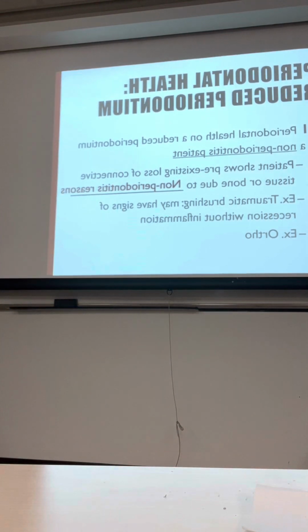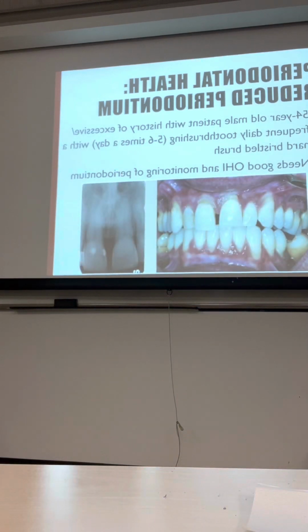Does that make sense? Okay, so here's an example. This is a 54-year-old male patient who has a history of excessive home care. He brushes frequently, 5 to 6 times a day. I don't think that's frequent, but he's using a hard-bristled brush. That's the main difference, that's the problem. So probably no plaque or calculus, which is awesome, but check out his teeth.